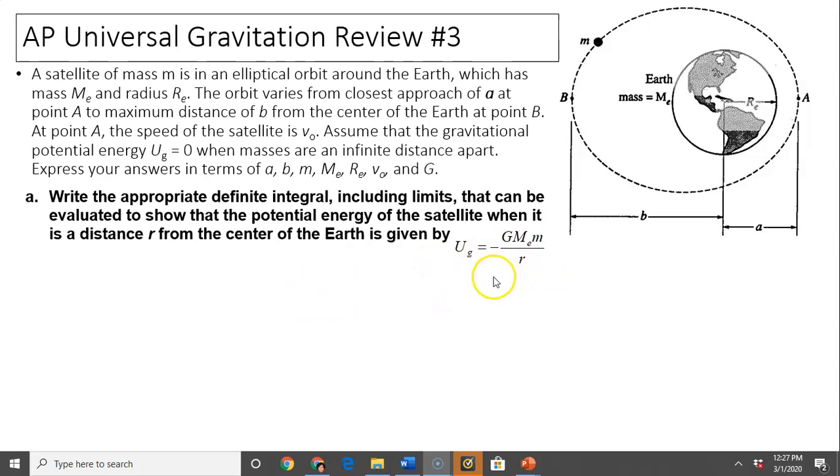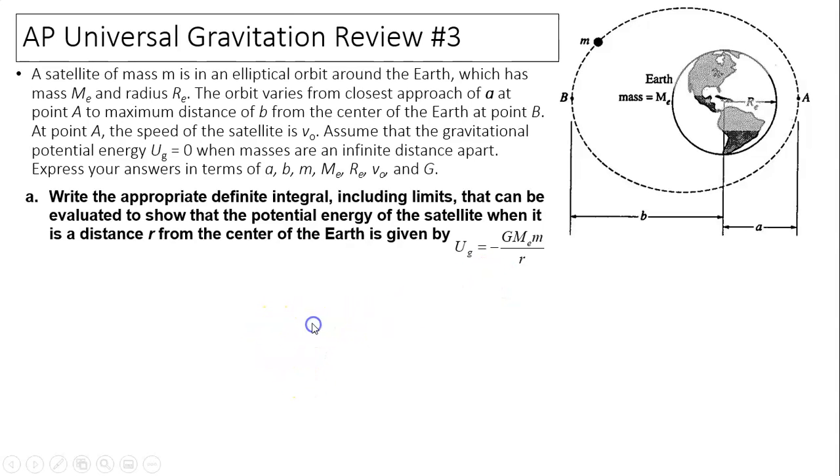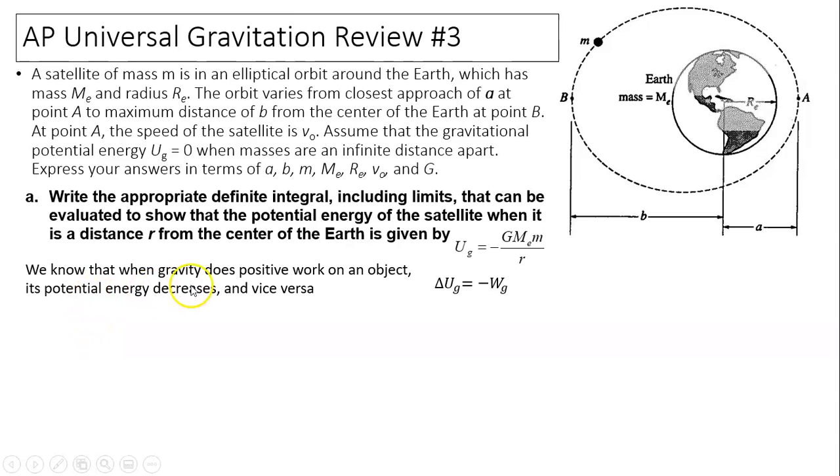How do we find the potential energy? Recall when we learned about potential energy. When gravity does positive work on objects, such as when an object is dropped, its potential energy decreases, and vice versa.